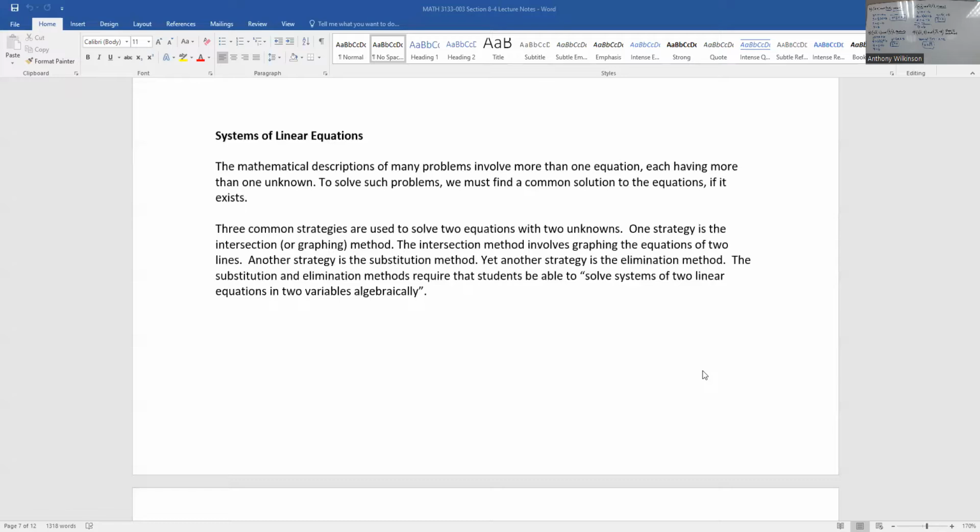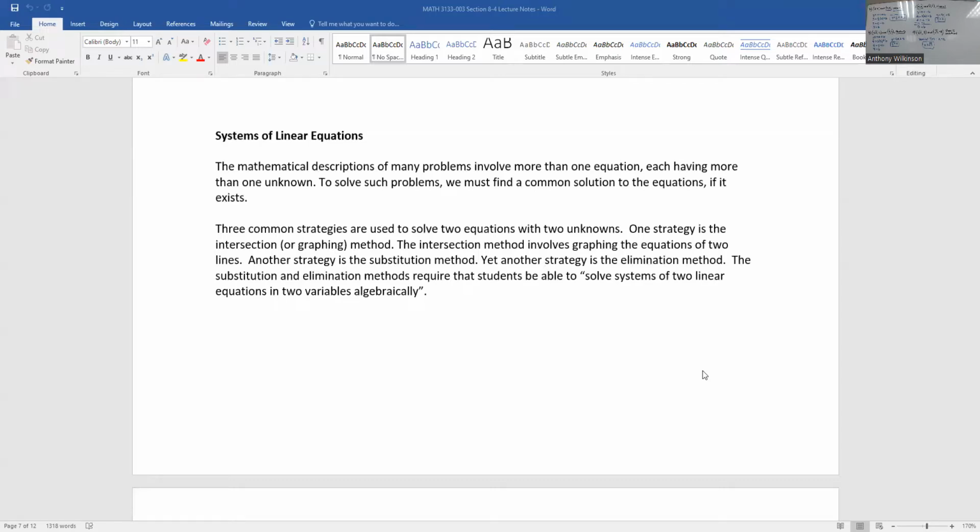And we're going to find what those unknowns are. And there are three strategies of solving a system of equations. One would be the intersection method, or graphing the two linear equations on a coordinate plane, and that point of intersection would be the solution set for that system of equations. Okay. Another strategy would be what they call the substitution method, and then the other would be the elimination method.